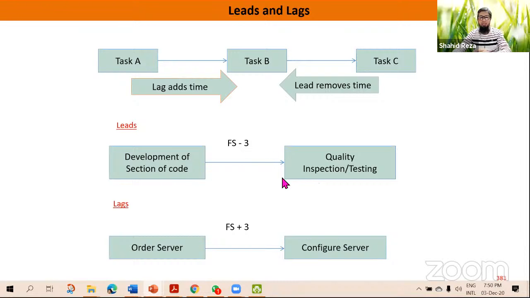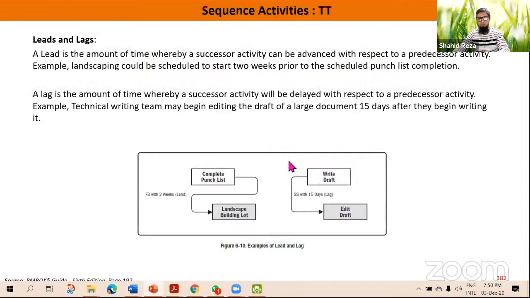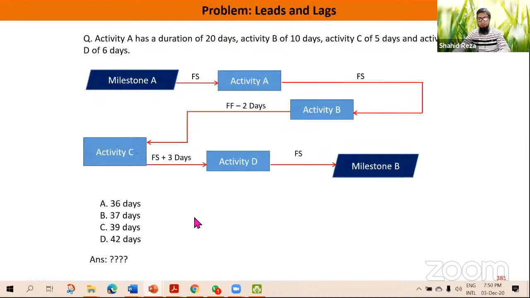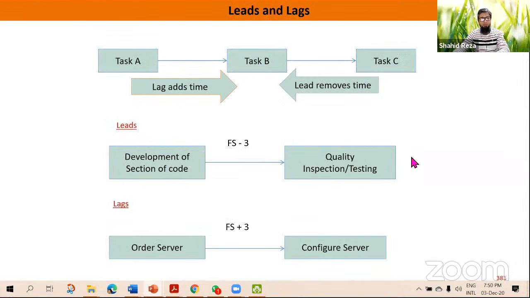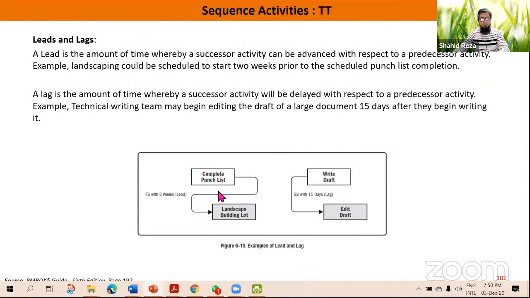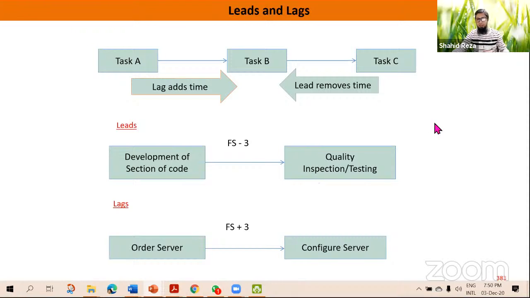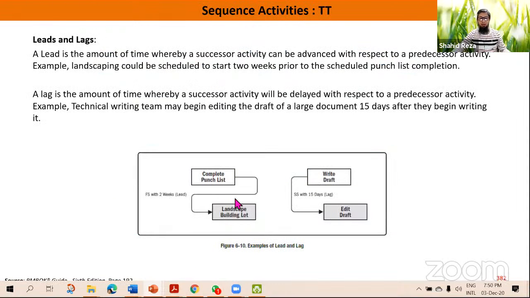And when we are using lead, if you see the figure, these two activities are happening in parallel, some portion of them.